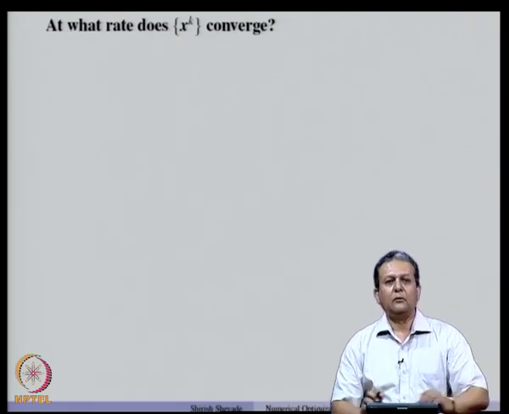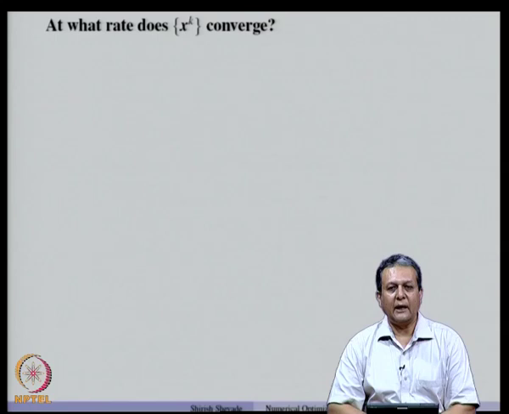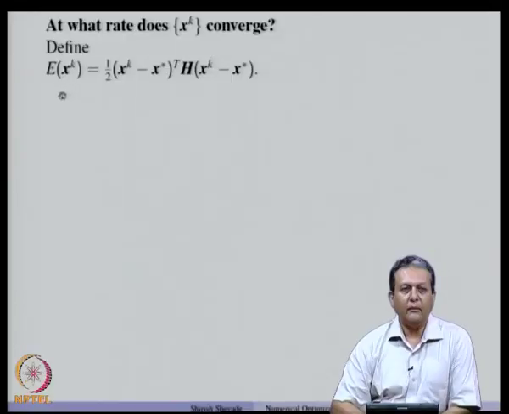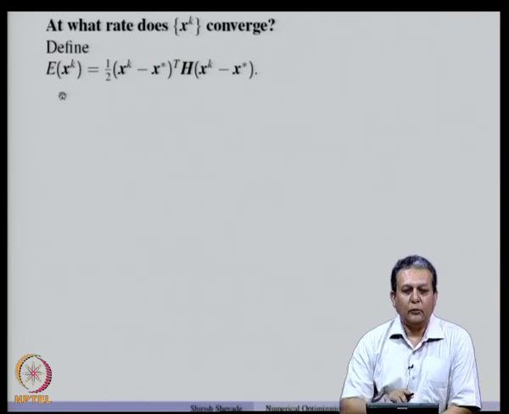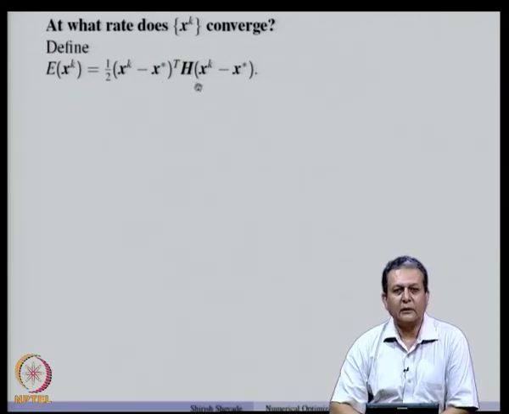Okay. Now, once we find the direction dk which is minus gk, and find alpha k using the closed form solution that we have seen, we are interested in finding out at what rate xk converges. So, let us define a function e of xk to be half of xk minus x star transpose H into xk minus x star.